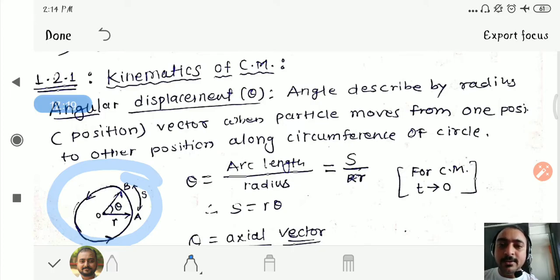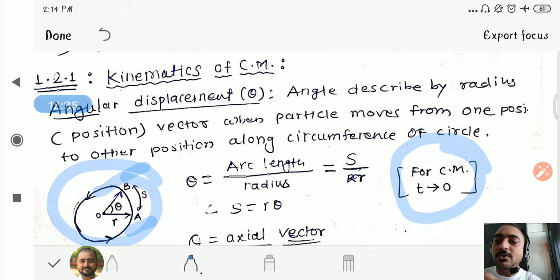Keep in mind, for circular motion the time t tends to 0, meaning we study the motion for a very short time. For that case, the motion of the particle from A to B is considered linear motion, so we consider this displacement as arc length, a linear displacement S.